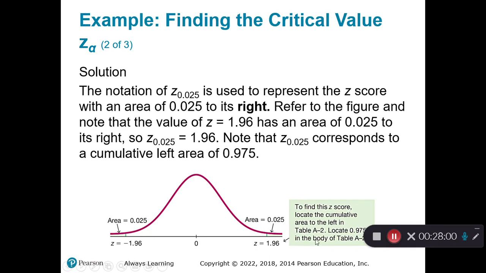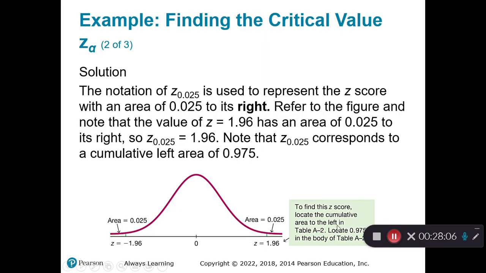Now, if we go to table A2 and we find what value comes closest in the body of the table, so we're looking at the interior of the table, we find that the closest 4-digit decimal to 0.025, if we read backwards, corresponds to a z-score equal to positive 1.96.